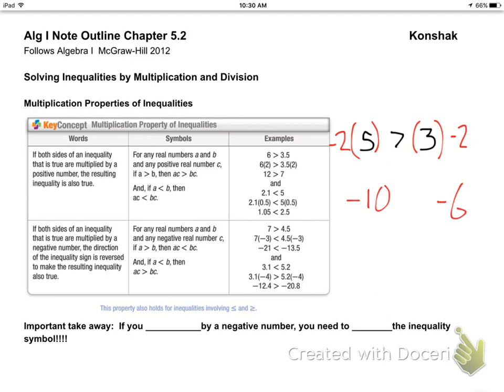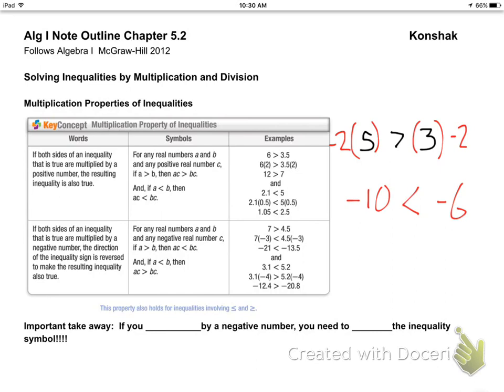Which one of those two is bigger? Negative 10 or negative 6? Negative 6 is actually a bigger number. So therefore, the alligator mouth should be turned. Look, it's flipped. It's reversed. If I multiply by a positive, I don't need to flip. I don't flip. If I multiply by a negative, it reverses or flips.